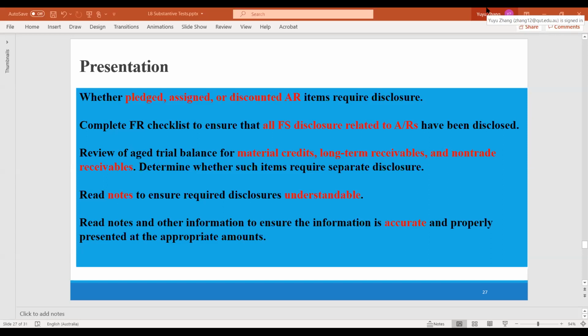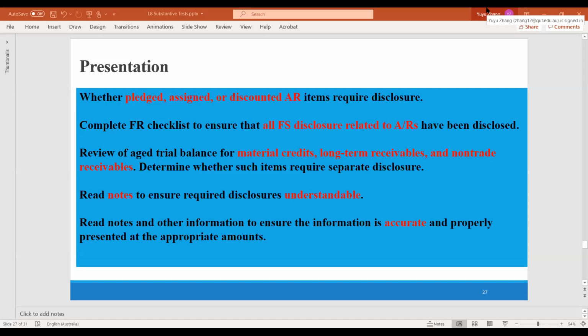And also, there will be some special arrangements of accounts receivable. For example, discounted accounts receivable, where the receivable amount could be discounted. So these also need to be separately disclosed by the company.